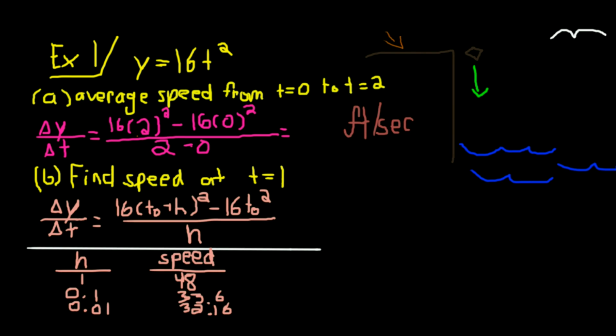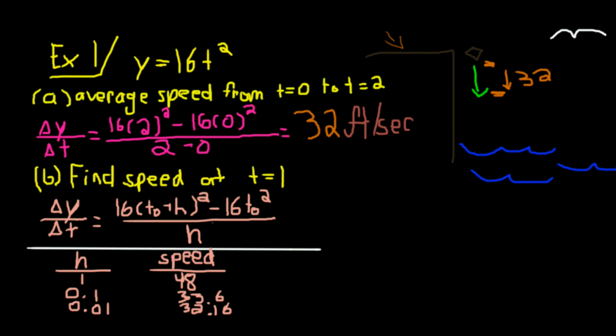So 16 times 2 squared minus 16 times 0 squared over 2 minus 0 is in fact going to be 32 feet per second. So this rock has an average downward speed of 32 feet per second from right now to 2 seconds.